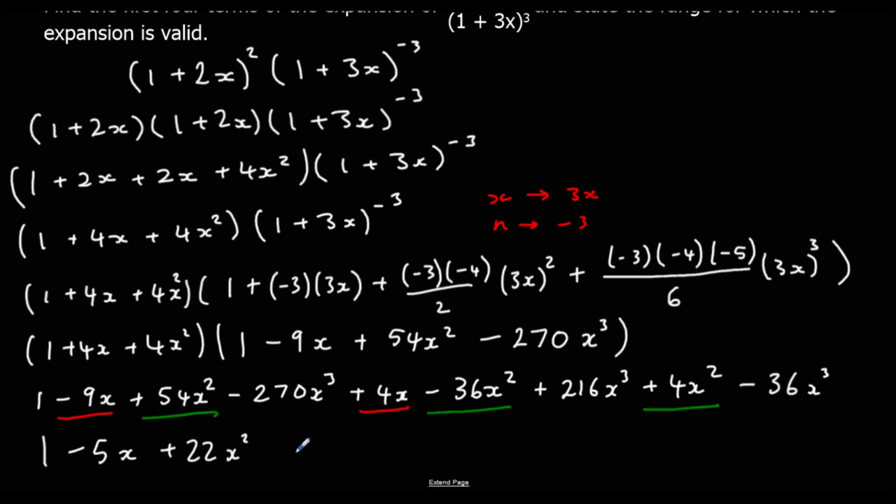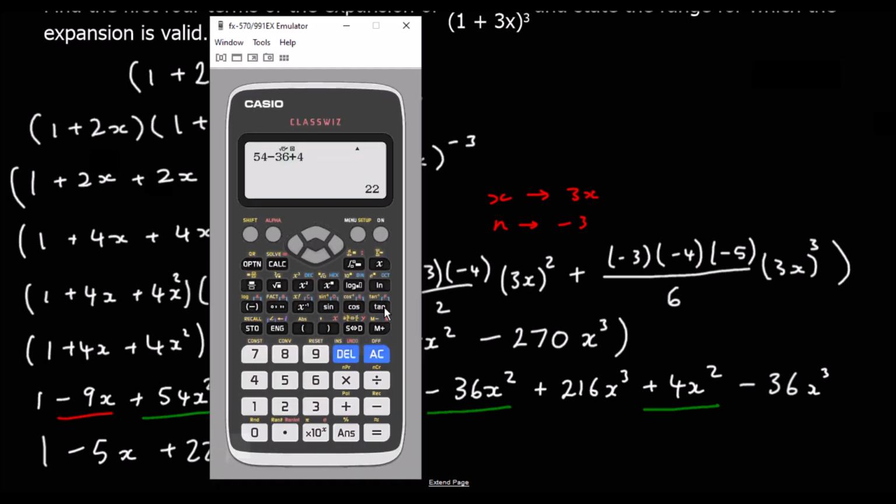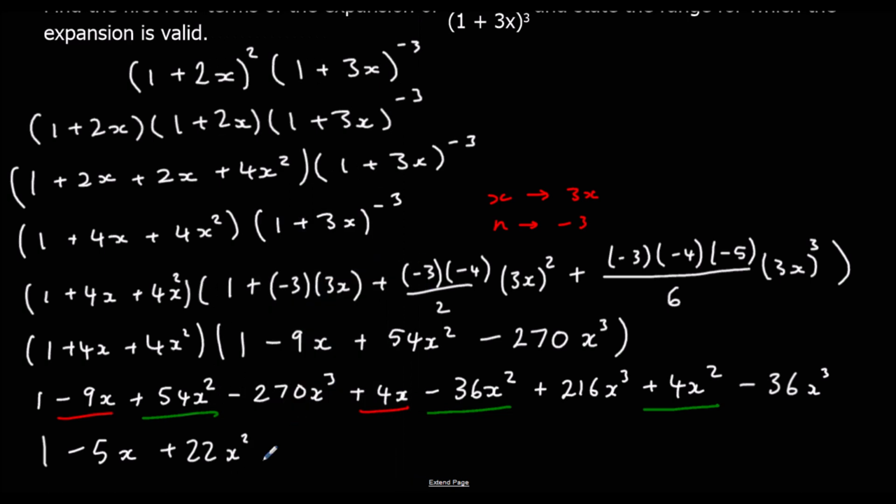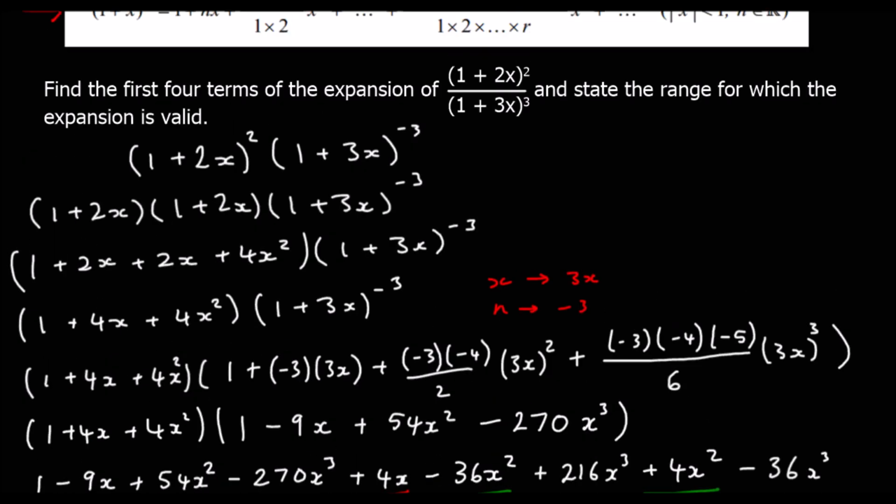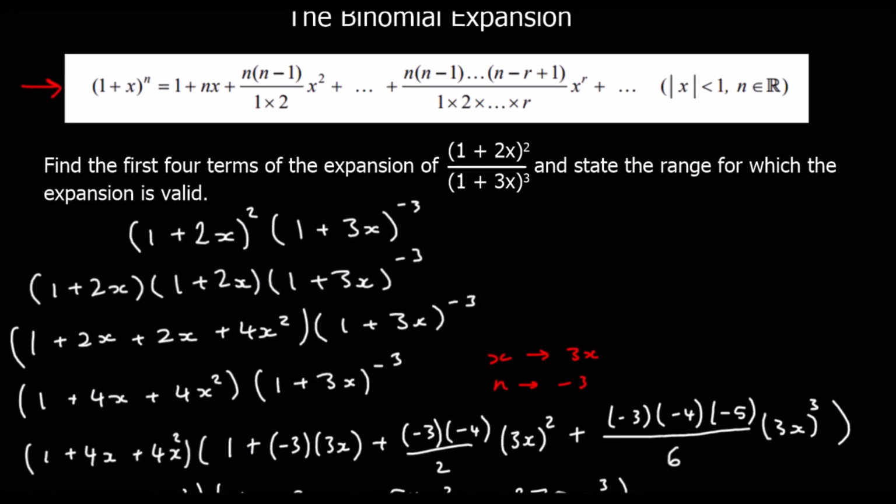We've got negative 270, plus 216, minus 36. So negative 90. Negative 90, or take away 90, x cubed. So there are the first 4 terms of our expansion.